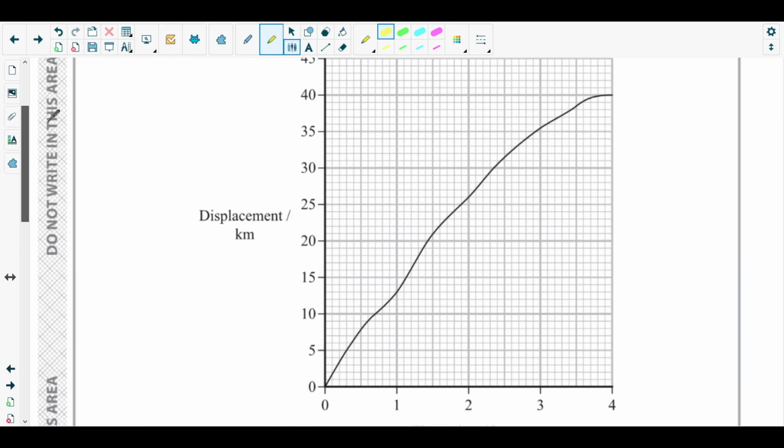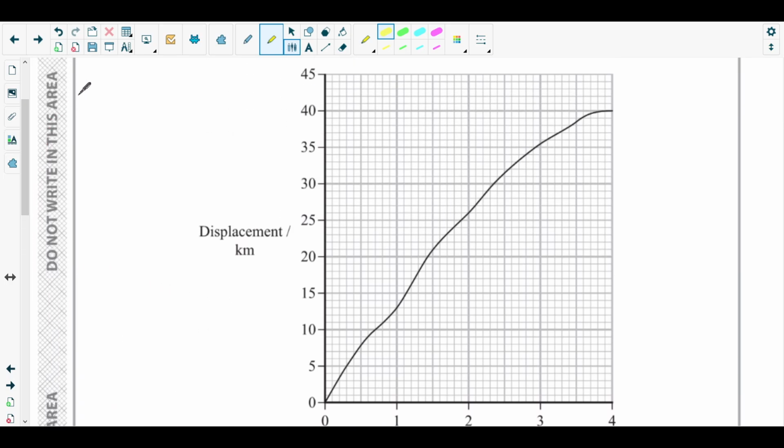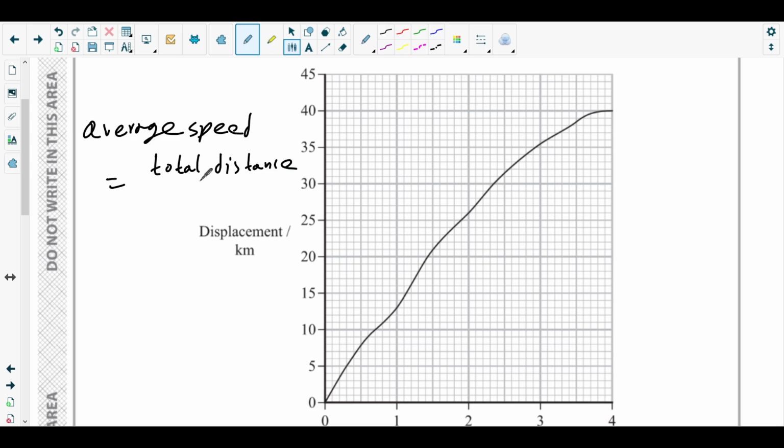Just try to make a relationship with distance and time. If the question had asked about the average speed, we know that average speed would be total distance traveled over total time, right?